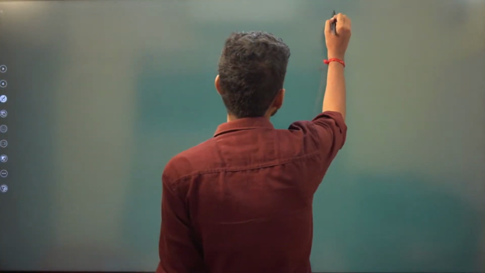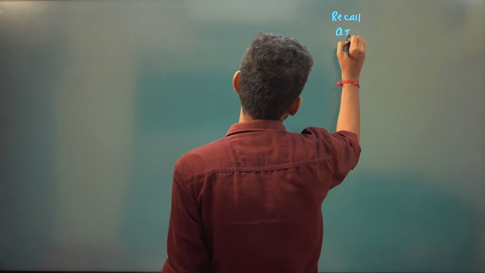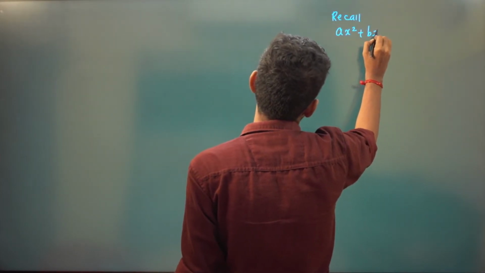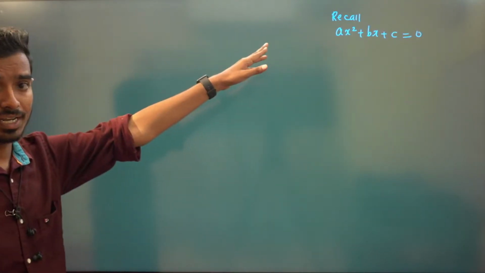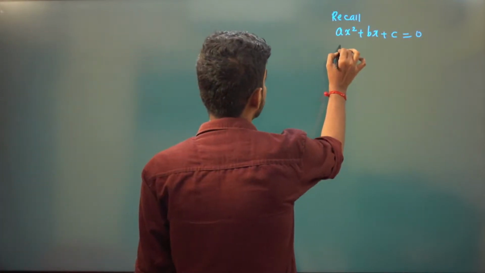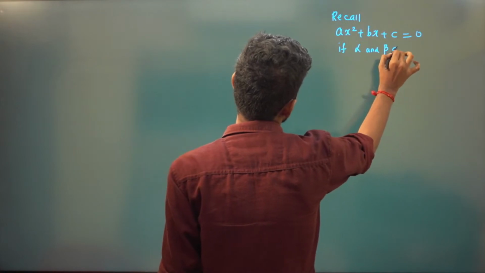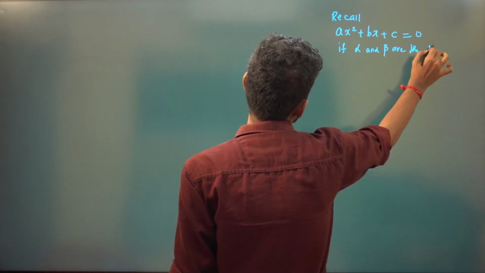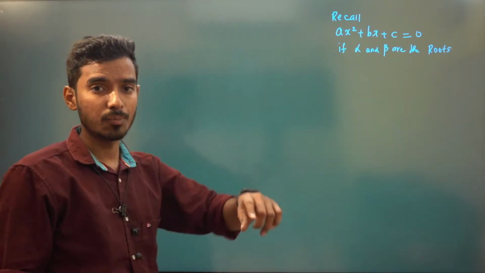Right. So just recall what we have come across in schools, right? So what is a quadratic equation? We have ax square plus bx plus c is equal to 0. This is quadratic in x. If alpha and beta are the roots, we will have two roots for a quadratic equation.